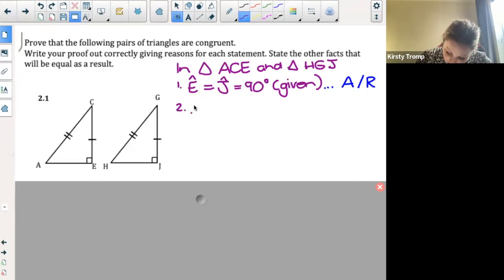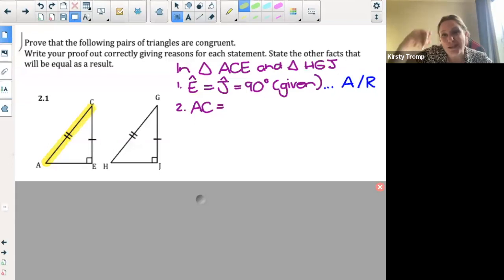So AC is equal to, here is my line AC. When a line has two dashes on it, what does it mean? Those two dashes mean that the lines are equal. Good. It's very different to when the line has two arrows on it.